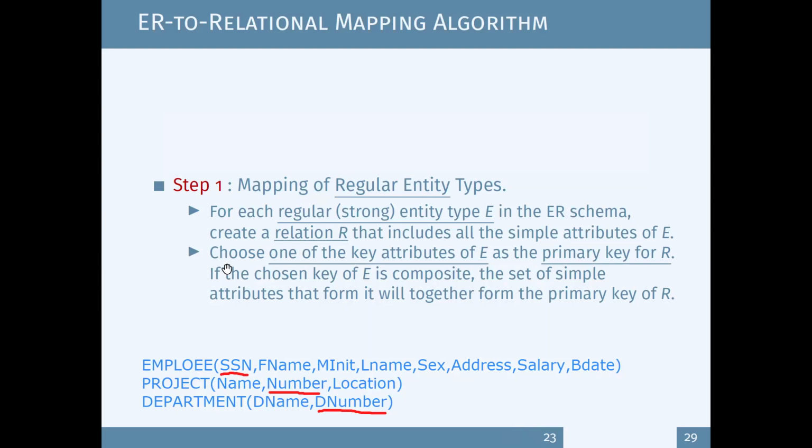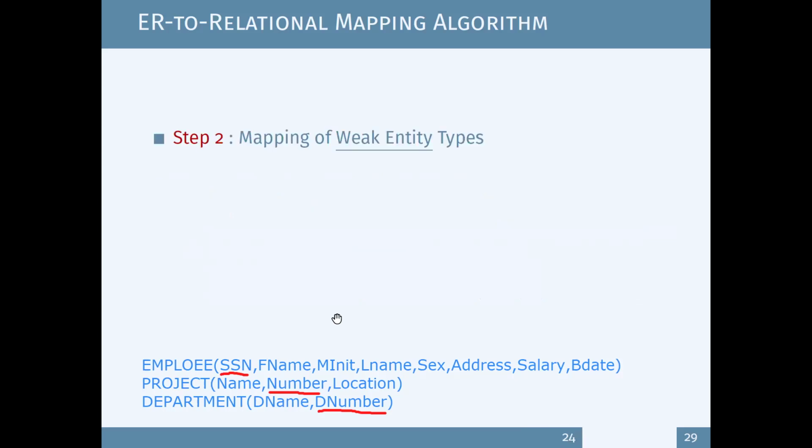The second step I have already done. You choose one of the key attributes and you take it as a primary key. So we underline the primary key. All right? So if you select more than one, then you have to underline both. Okay. Second step.